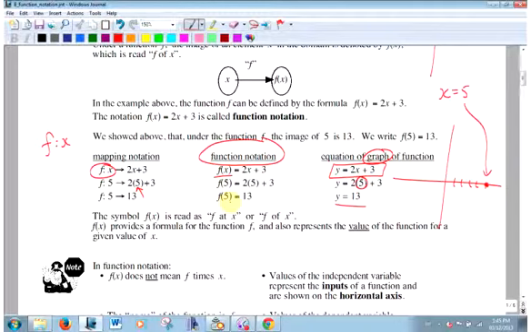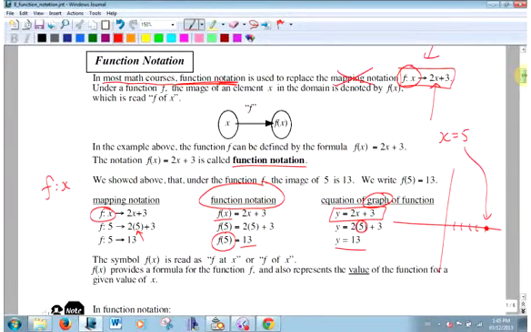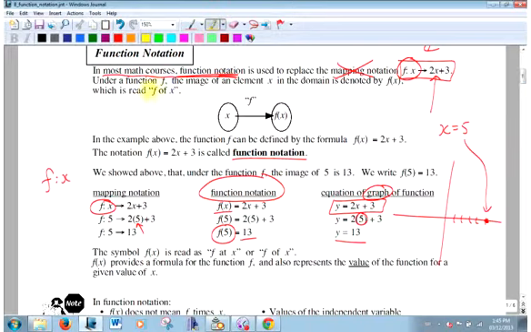If x is 5, you plug it in, and f of 5 is 13. That's function notation. We say f of x. That's what this says. It's a function in terms of x. We give you x, you find out what f is for that input of x. That's it. It's just substitution.